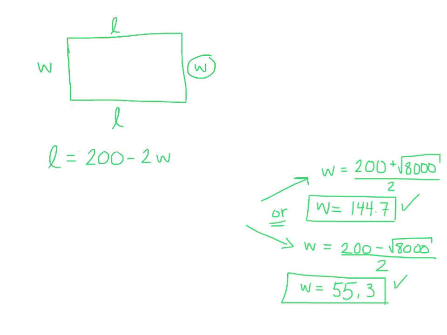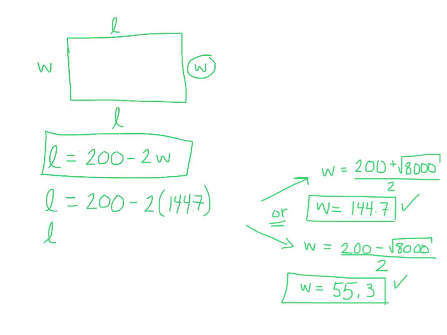Remember, we know that length is equal to 200 minus W. So if we know that the first width is 144.7, after we do all this math, we end up that the length is 55.3. Interesting.